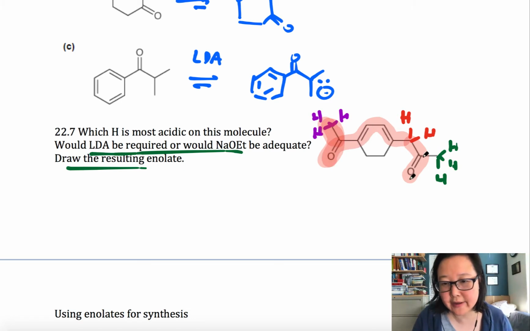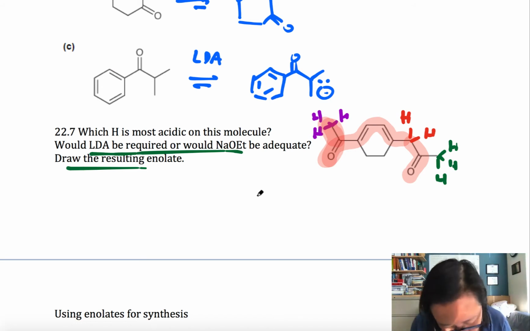With these guys over here, it can only go this way. So these on the end can only resonate into the carbonyl group, whereas the ones in the middle here can go into the carbonyl and also go across the molecule, because this is all a conjugated system. So it's these red ones I have that would be more acidic. And because of that conjugation, it's likely that a weaker base like sodium ethoxide would be adequate for this.